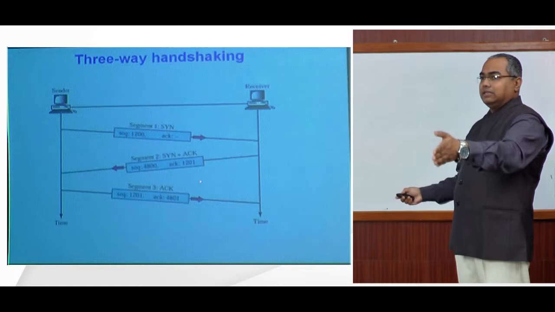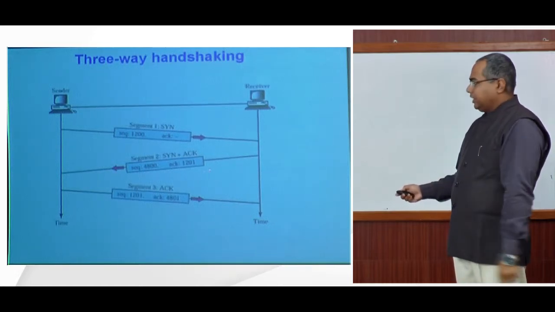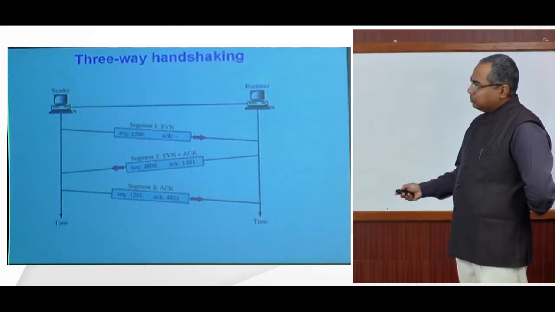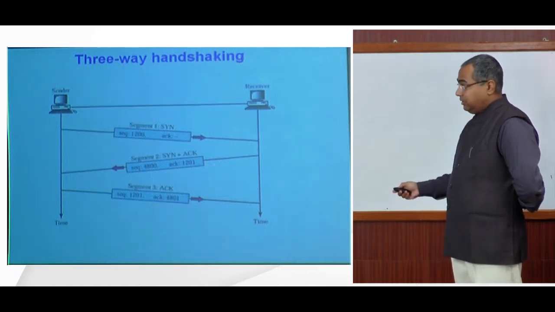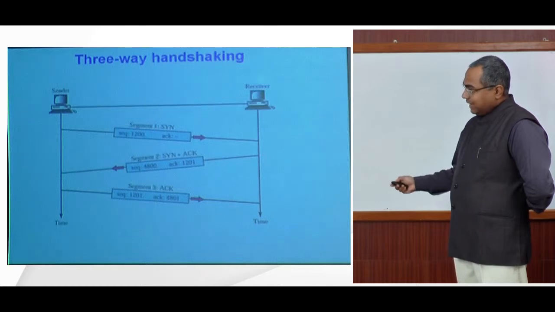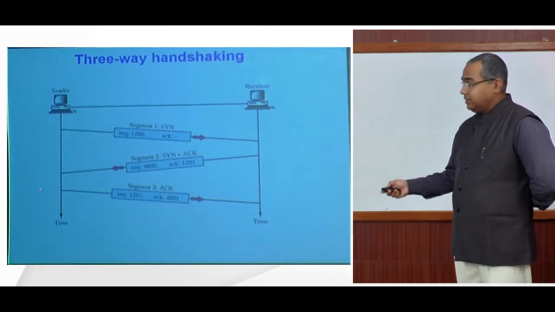A request for creating the next part of the path, completing my full duplex communication. See here, segment 2 is SYN plus ACK both, another sequence number created, a randomly generated non-zero number, with an acknowledgement also. So this segment works as an acknowledgement of the first one as well as a synchronizing request from receiver to sender. I hope that is clear.